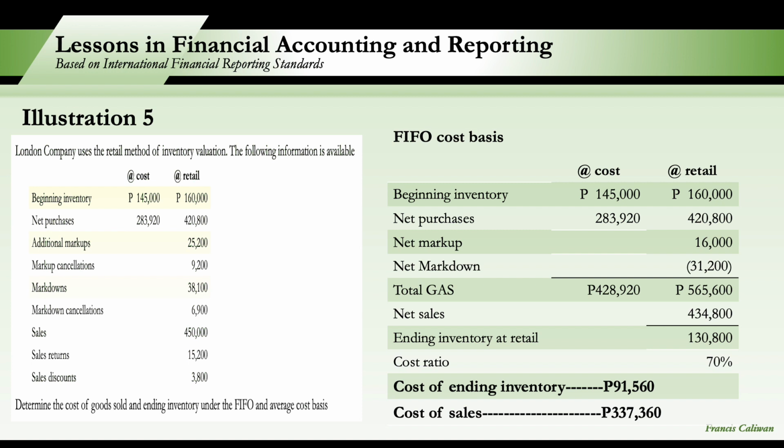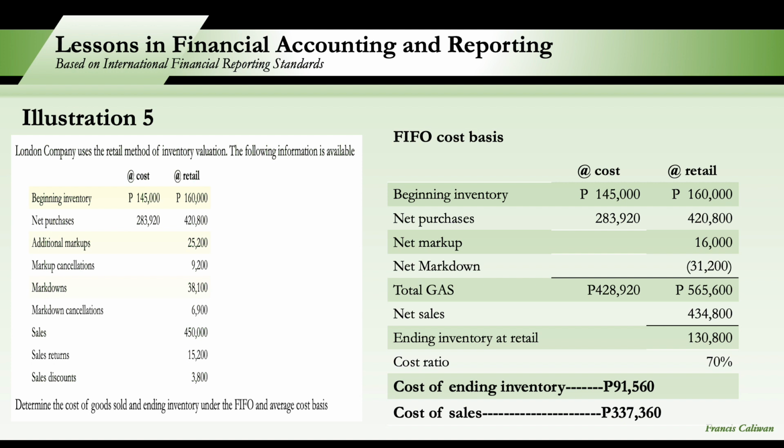Then we multiply it with our cost ratio. Since this is a FIFO cost basis, we do not include the beginning inventory in determining our cost ratio. So it's 283,920 divided by 565,600 minus 160, it's 405,600. So 283,920 divided by 405,600, that's 70%. So 70% cost to retail ratio multiplied with ending inventory at retail of 130,800.